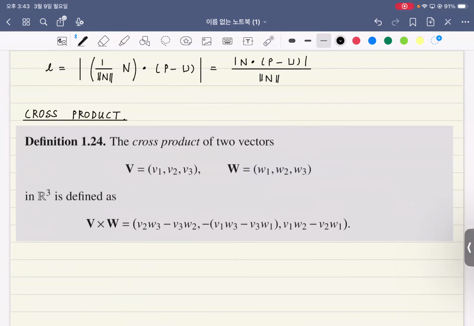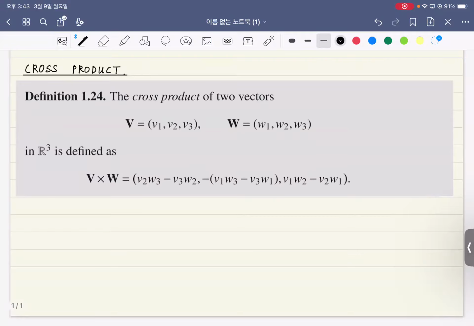We have two three-dimensional vectors, v and w, in coordinates v1, v2, v3, and w1, w2, w3, and v cross w is the cross product. The cross product of v and w is defined by this equation. Cross product is one of the most important products for three-dimensional vectors. Sorry, I'm repeating this, but you also need to memorize this if you haven't.